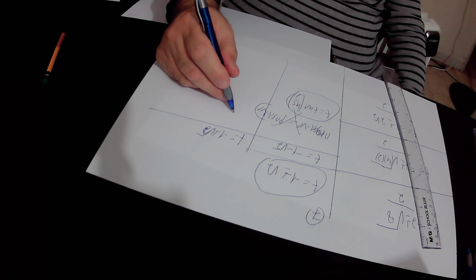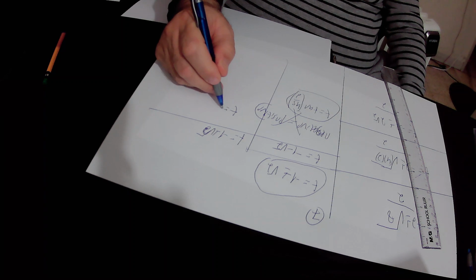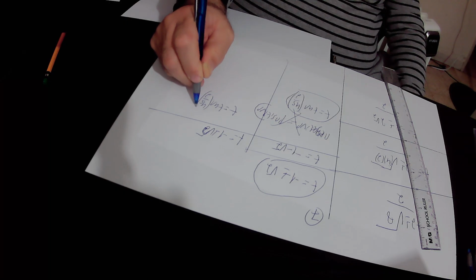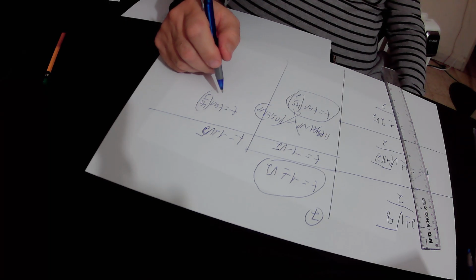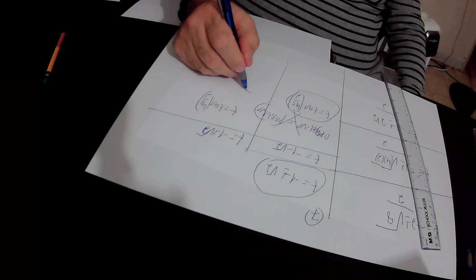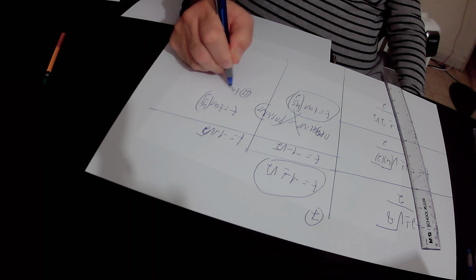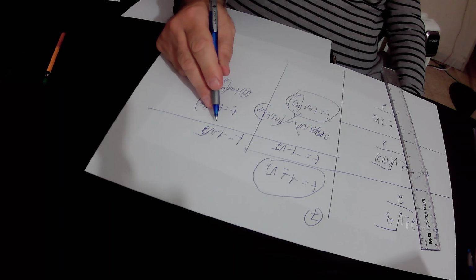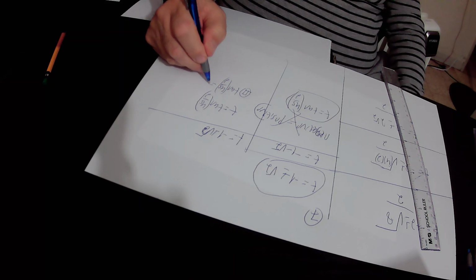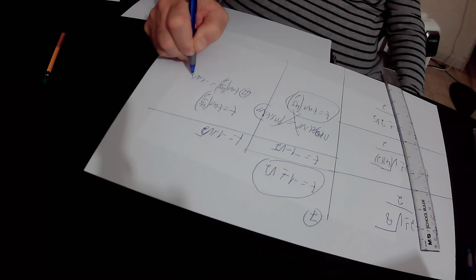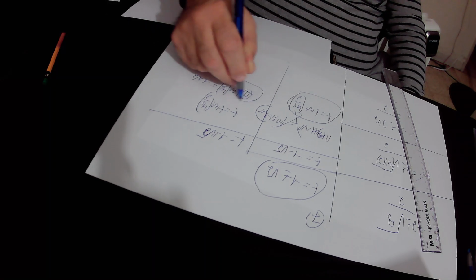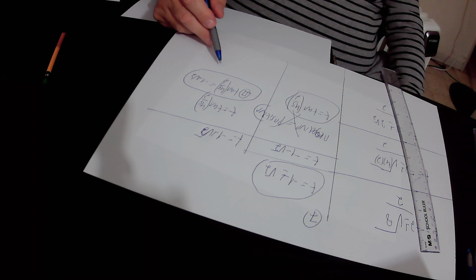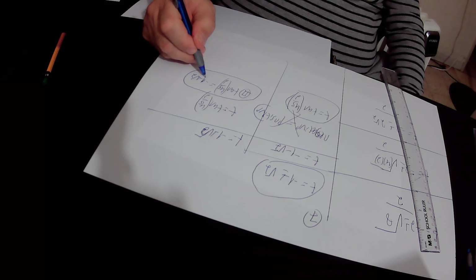Again, according to our definition, t equals tangent 45 over 2 degrees. So tangent 45 over 2 degrees is t, and t equals, according to the second solution, minus 1 plus square root of 2. So in conclusion, according to equation number 2, we found out that tangent 45 over 2 degrees equals minus 1 plus square root of 2.